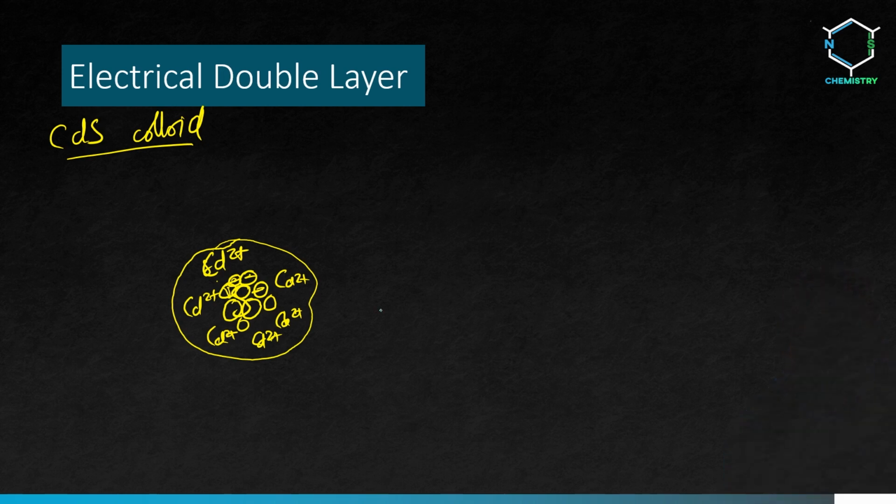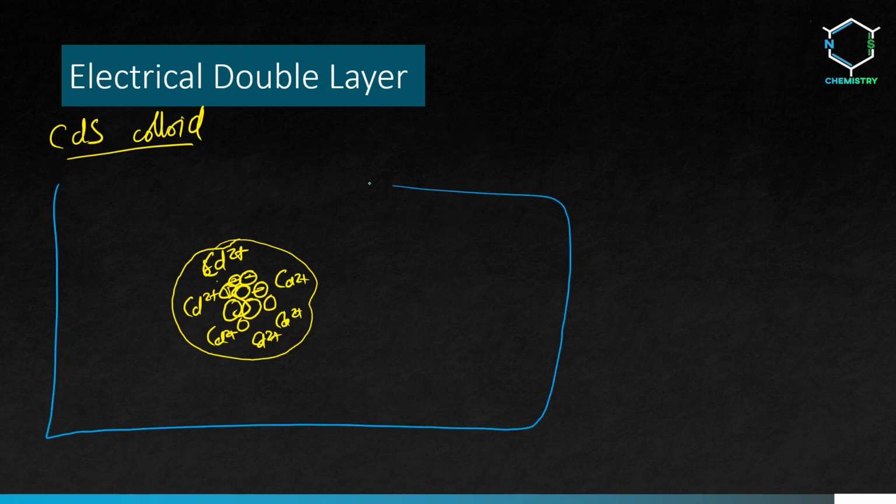Now in your colloid, if you pass H2S, there will be some sulfide ions outside, which are blue in color, and they will be attracted to this cadmium ion like this.